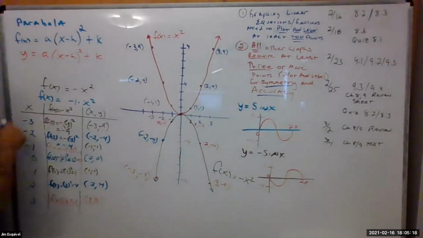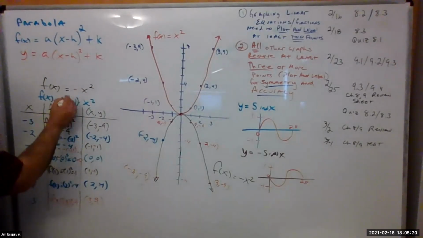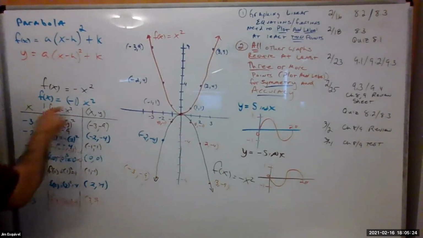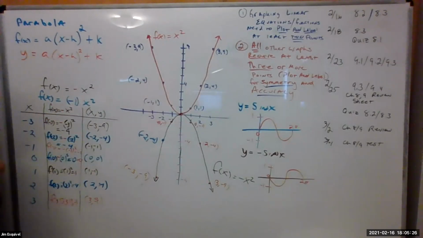Let me put it in parentheses, -1 times that x squared. That's this negative right here. Is this -1 a y, an x, or is it the a, the h, or the k? Would it be the a? It is the a.